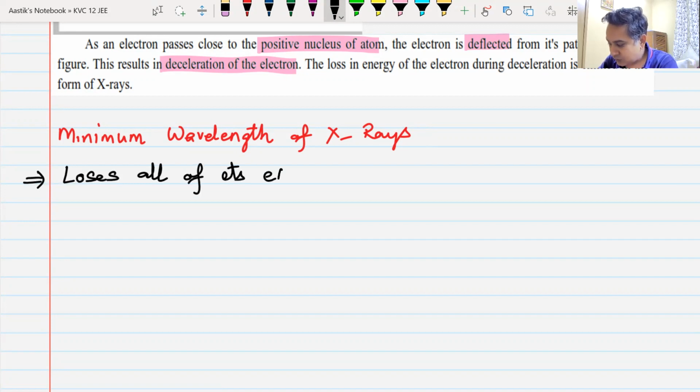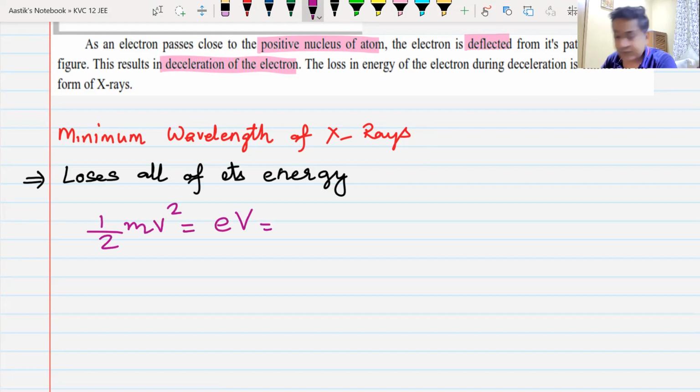When it loses all of its energy, then it will emit X-rays of the highest frequency or the lowest wavelength. When will that happen? When its entire kinetic energy, half mv square, which is nothing but eV, is emitted in the form of X-rays, that becomes equal to the energy of X-rays, which is hc by lambda.